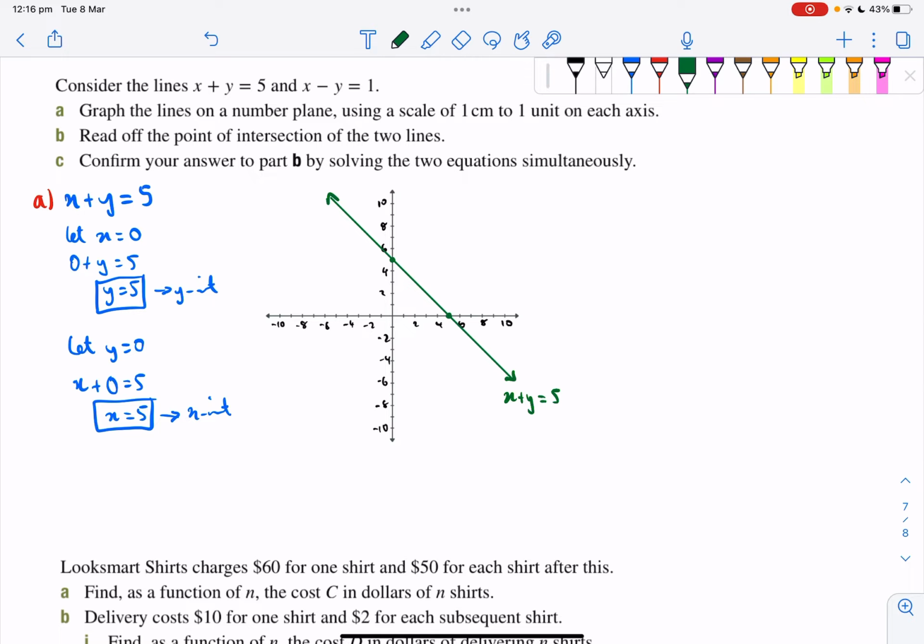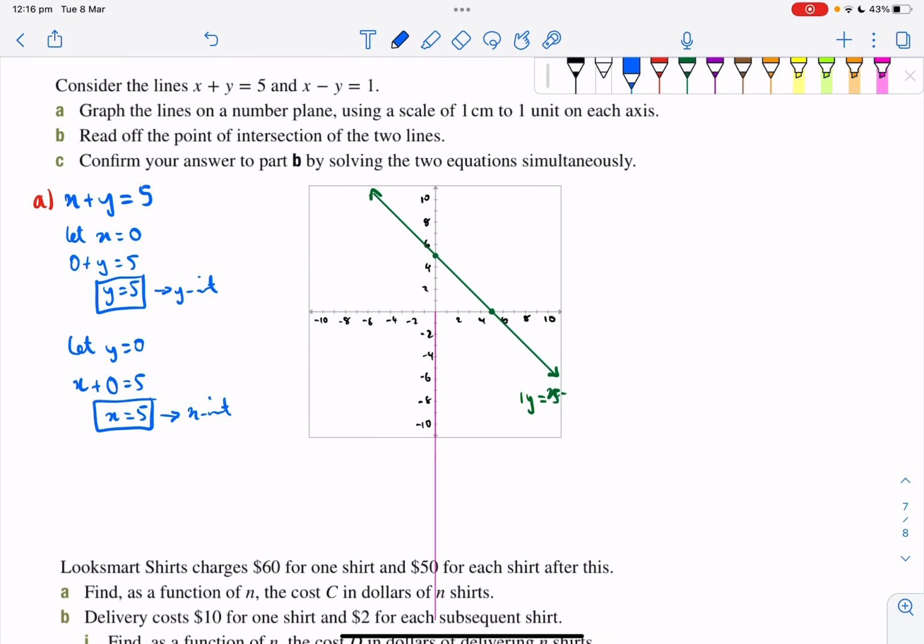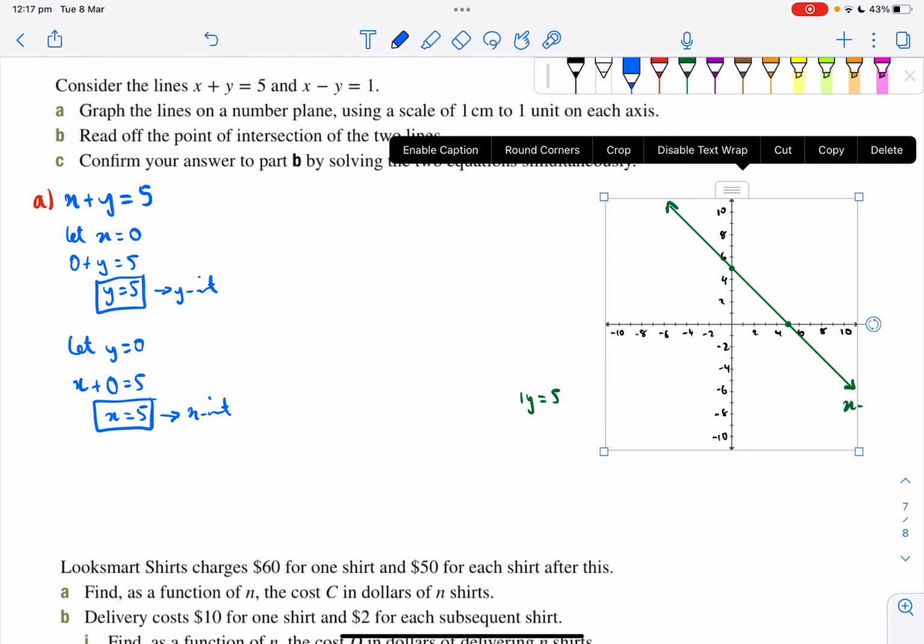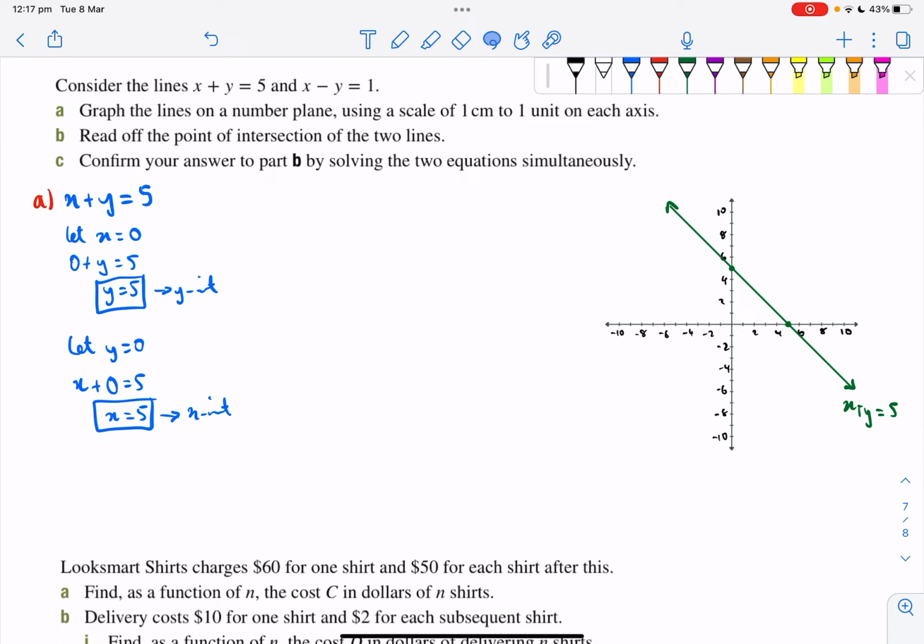All right, now we're going to do the same thing for x minus y equals 1. I should move this across over here. x minus y equals 1. So again, let x equal 0. 0 minus y equals 1. y equals negative 1.